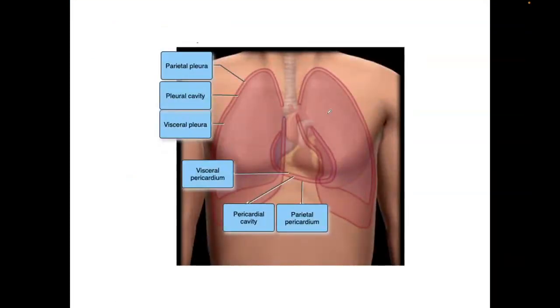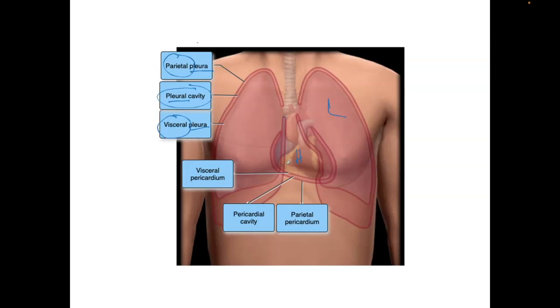So when we look at both the lungs and the heart, if we look at the lungs first, remember with the lung, we always see the word pleura. So the layer that's mostly on the inside that comes into contact with the organ is the visceral pleura. The one that's all the way on the outside is the parietal pleura. And the layer in between is the pleural cavity.